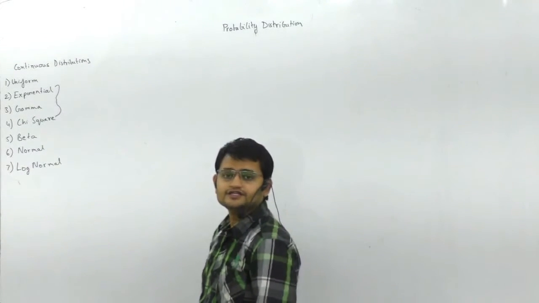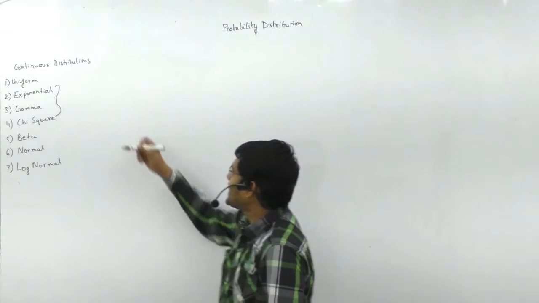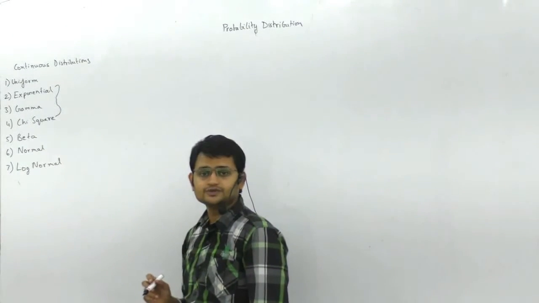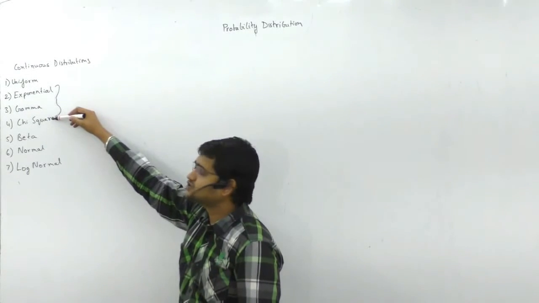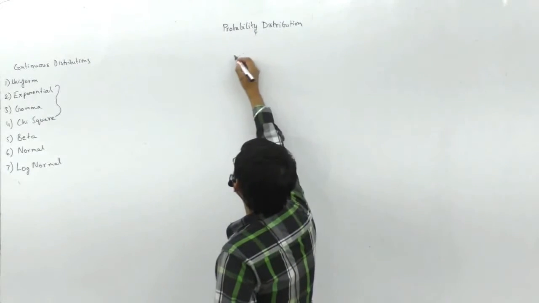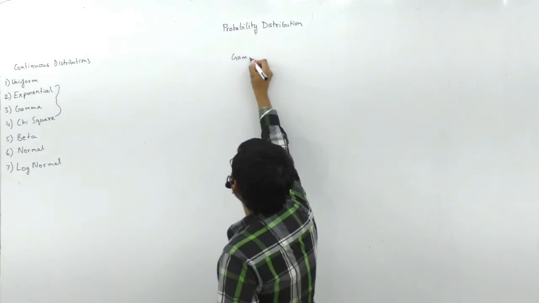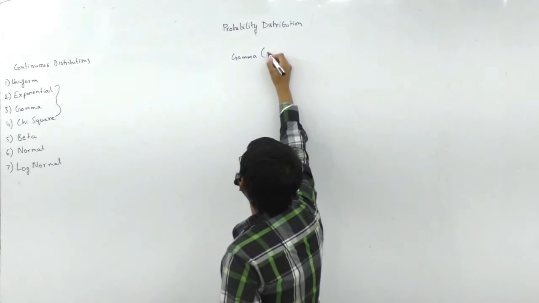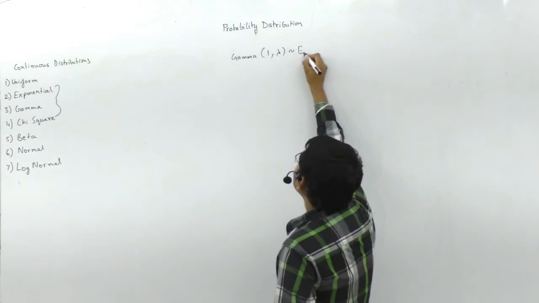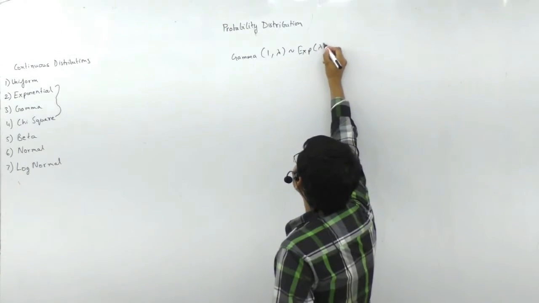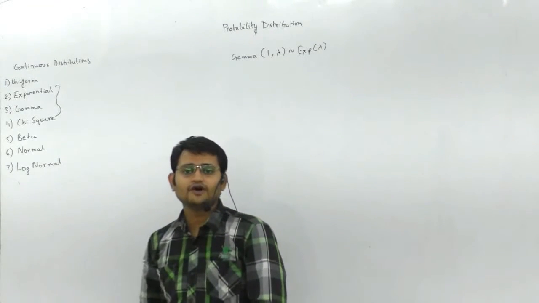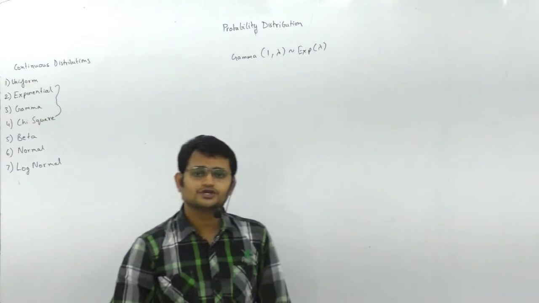Now basic distributions are very similar to each other. Actually, exponential distribution is nothing but a special kind of gamma distribution, and chi-square is also a special kind of gamma distribution. So if I say I have a gamma distribution where alpha is equal to 1, then that is the same as exponential distribution with parameter lambda.